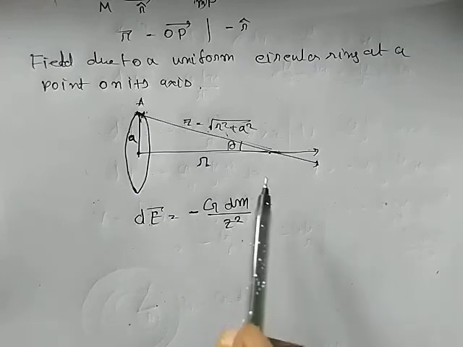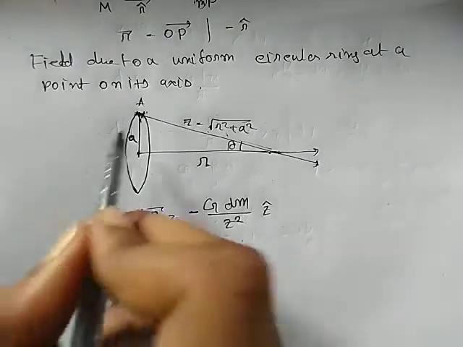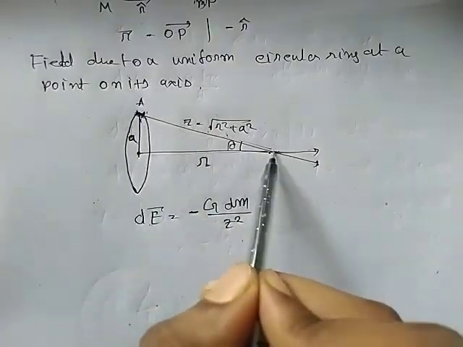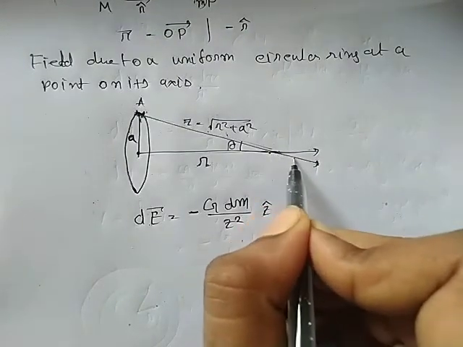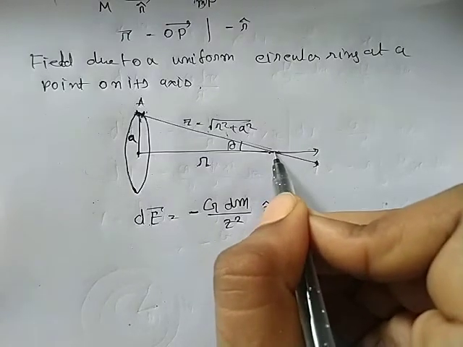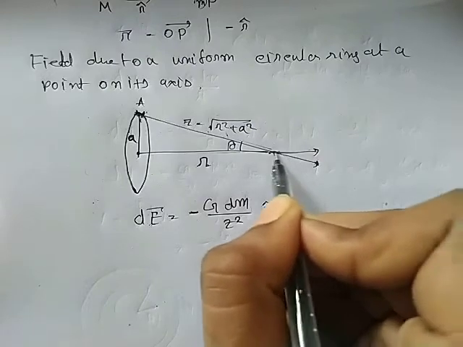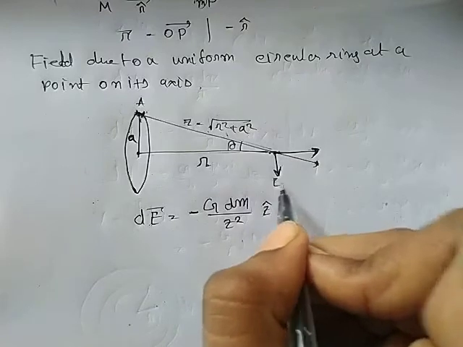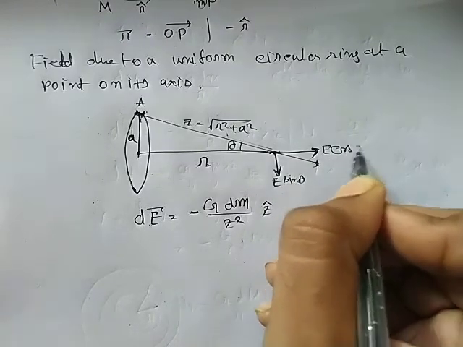But here is a catch: we just cannot integrate this expression, because this mass element creates a field in this direction, and if we break this field up into two components, there will be a component in this direction and another component in this direction. This is E sin theta and this is E cos theta.